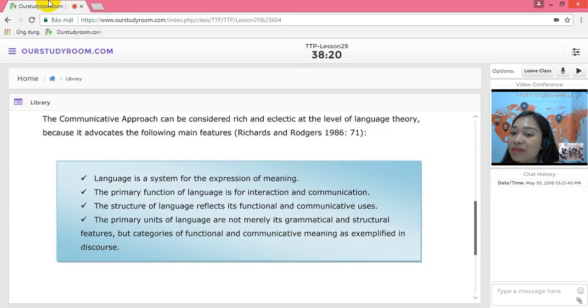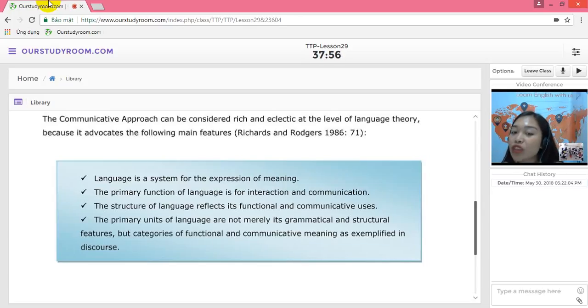It means interacting with each other, and communicating, right? If there is no language, we cannot communicate with each other. So it's one of the functions of language: interaction and communication, communicating with each other like this.